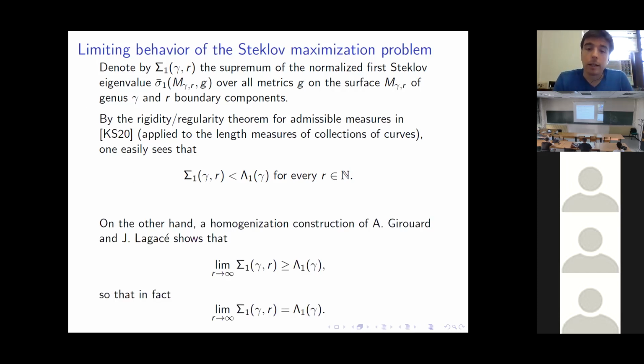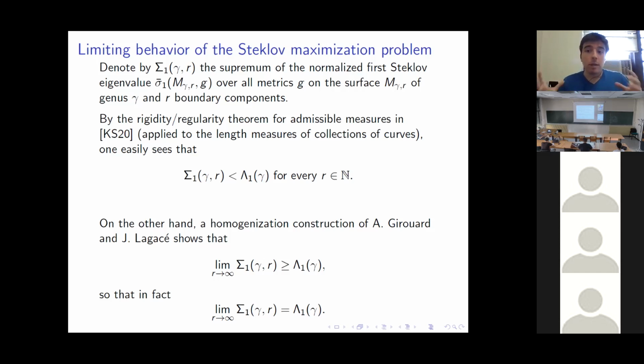So on the other hand, around the same time last year, Alexander Girouard and Jean Lagacé showed, by a homogenization construction, that one can always find, in any given fixed surface, a sequence of domains obtained by excising a large collection of disks whose total area is going to 0, but which are becoming dense in an appropriate way.